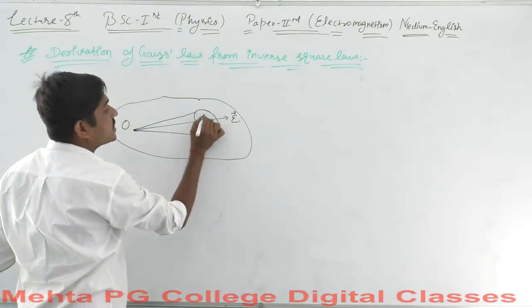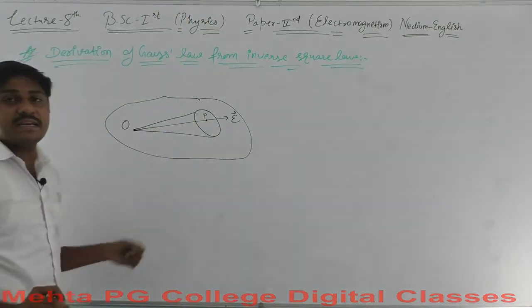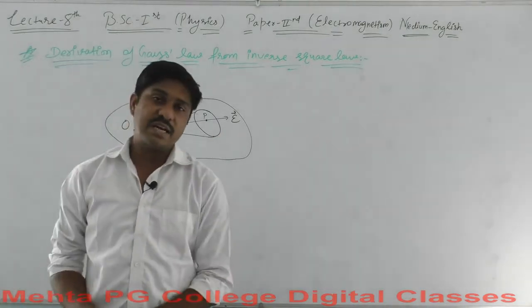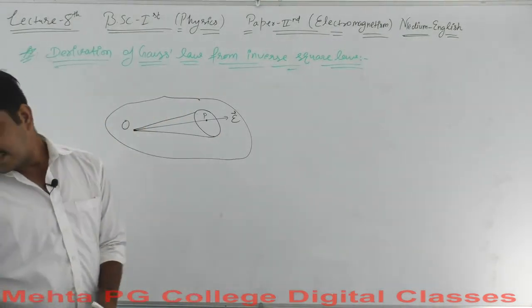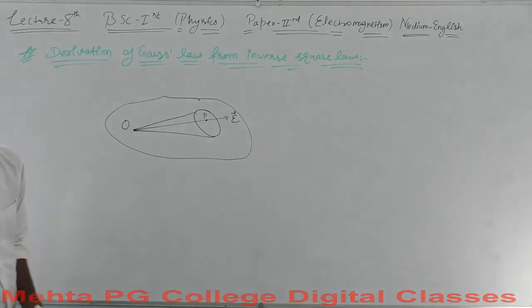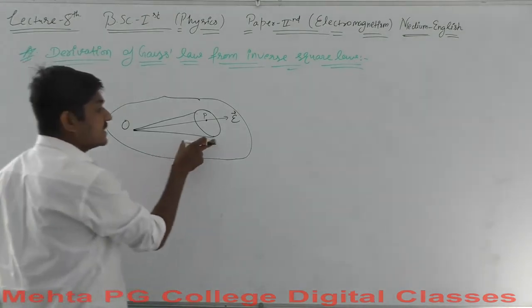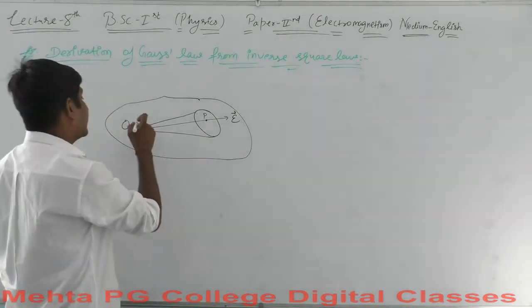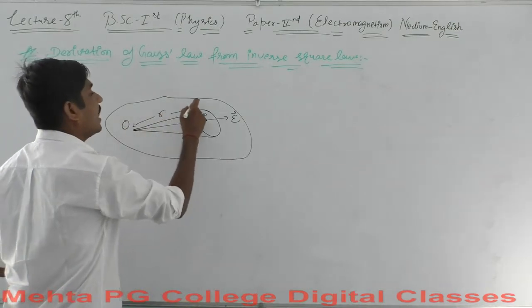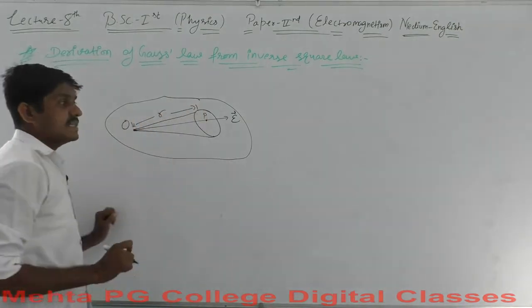The point P is on the surface where the electric field line is emerging out, and the displacement vector for this surface area is R. Yes, this is the distance.